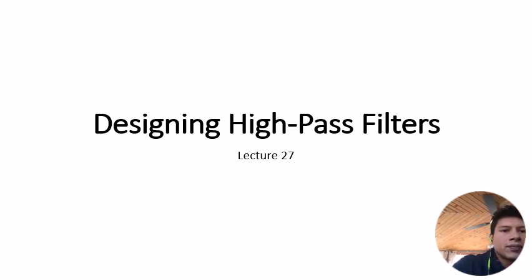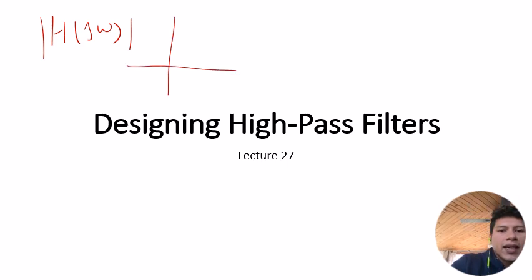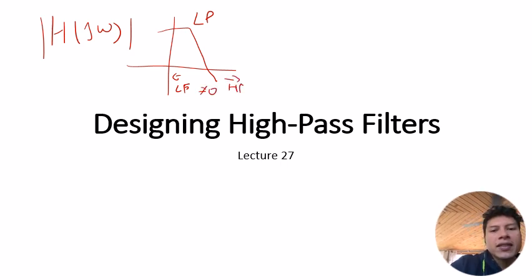Remember that when we look at our frequency response, H of j omega, its magnitude, if it looked like this, we called it a low pass filter because for low frequencies the frequency response was not zero, and for high frequencies the frequency response approached zero.